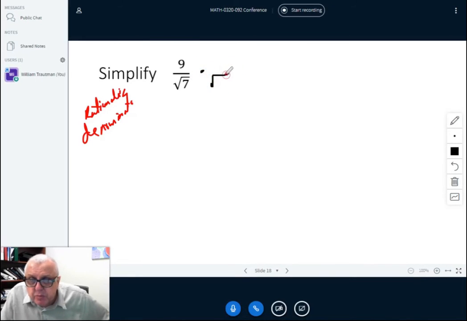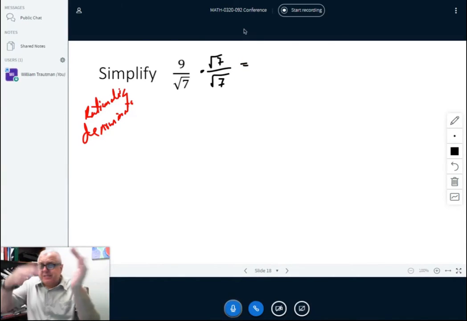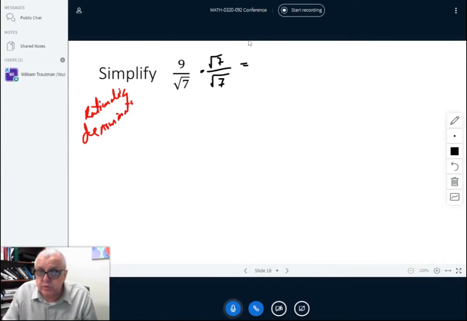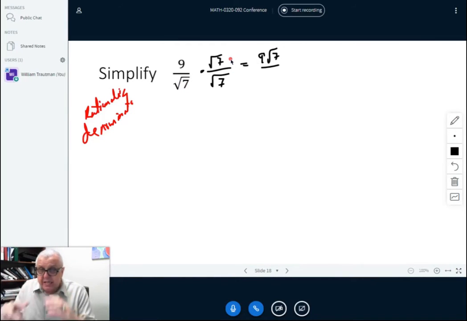So if I multiply this bottom by the square root of 7, I also have to multiply the top by the square root of 7. I'm multiplying by 1. 9 times the square root of 7. The 9 is on the outside. The 7 is on the inside of the root. They can't be multiplied together. Here, with square roots, if you have the same roots, you can squeeze them together and multiply.